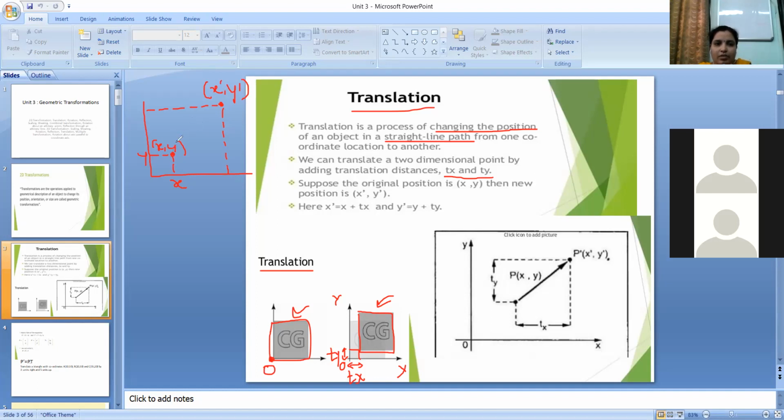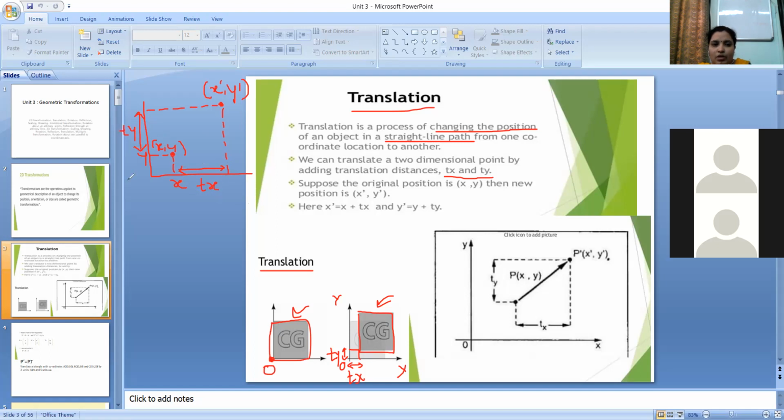There is a relation between the original coordinates and new coordinates, and that is nothing but the displacement factor. So the displacement factor along x is your tx, the distance by which your x is moving. And this is your ty, the displacement factor along the y-axis.